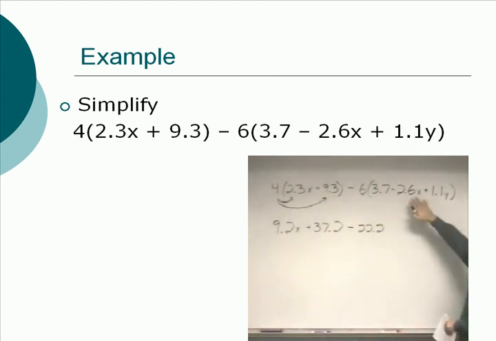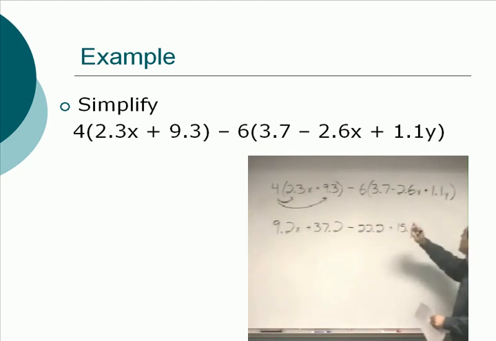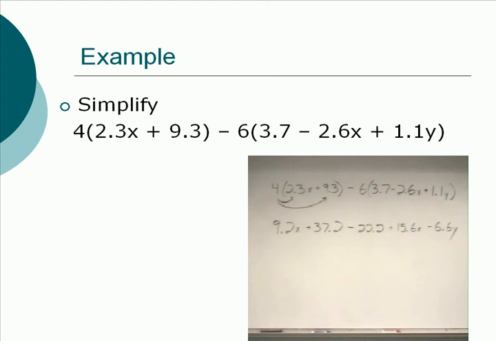Take negative 6 times negative 2.6x. You end up with plus 15.6x. And negative 6 times positive 1.1y leaves you with negative 6.6y. Now we've cleared all the parentheses, we've done our distributing, we can just combine the like terms.